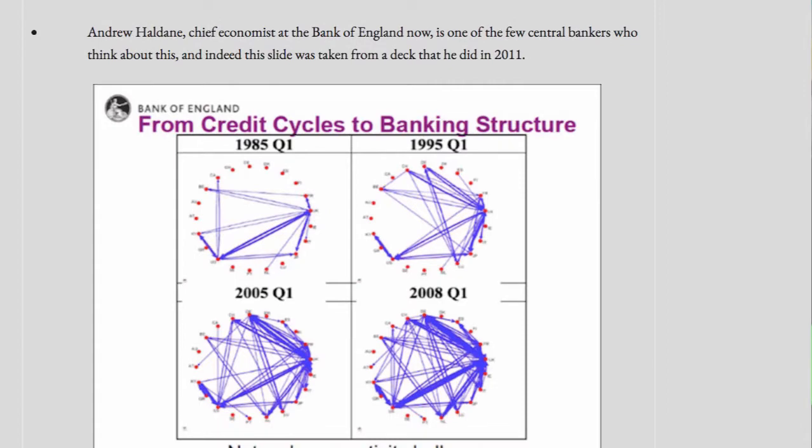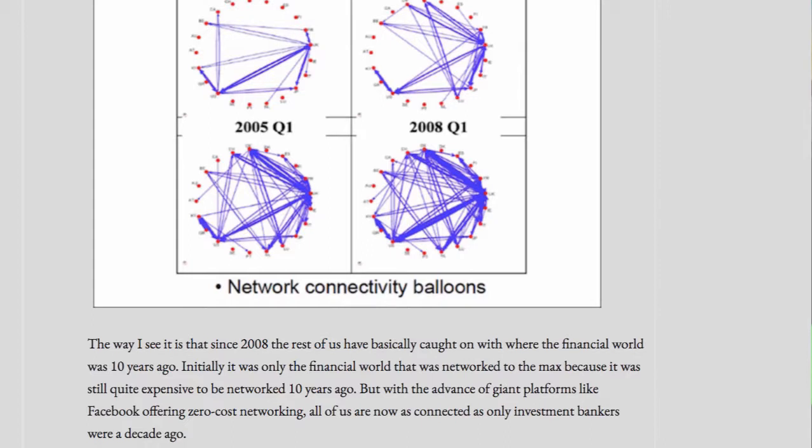Andrew Haldane, chief economist at the Bank of England now, is one of the few central bankers who think about this, and indeed this slide was taken from a deck that he did in 2011. The way I see it is that since 2008, the rest of us have basically caught on with where the financial world was 10 years ago.